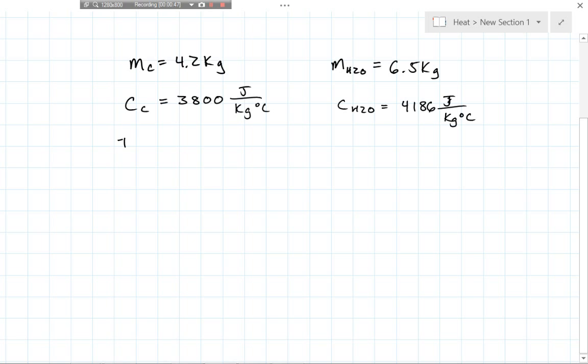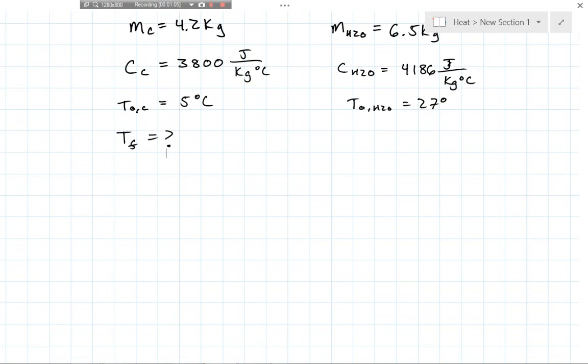We're also told that the initial temperature of the Coke was equal to 5 degrees Celsius, and that the initial temperature of the water is equal to 27 degrees Celsius. And what we were asked to do is solve for the final temperature of the whole system.